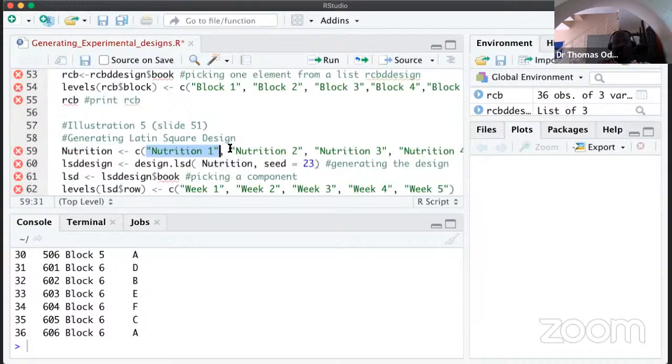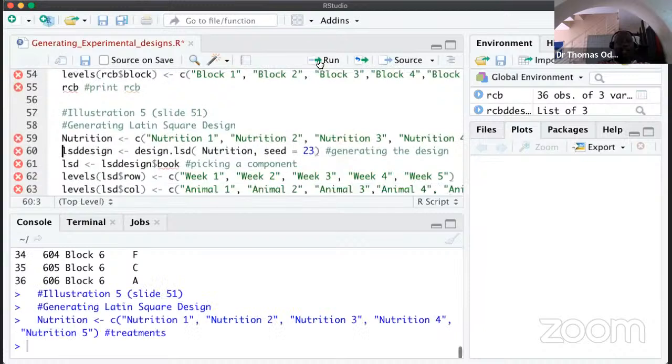So here we have nutrition 1, 2, 3, 4, and nutrition 5. So we can run this. Don't mind my red. My red here is because one of my lines has an extra bracket or is missing one, or there must be a comma somewhere, but it's not going to stop the other command from running.